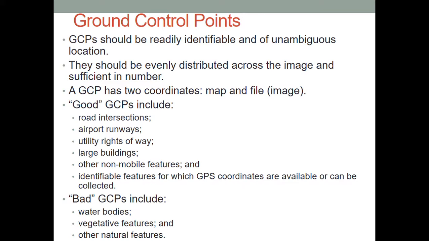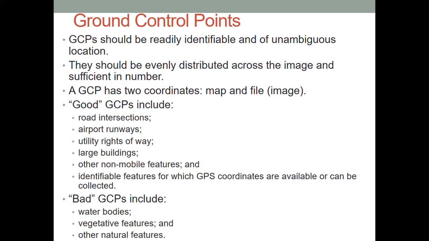This is a normal practice for any remote sensing data collection. Although you are using satellites, or an aeroplane, or a drone, it is a must. GCPs should be readily identified and free of any ambiguous collocation, meaning to say it is quite easy for you to detect on the image.